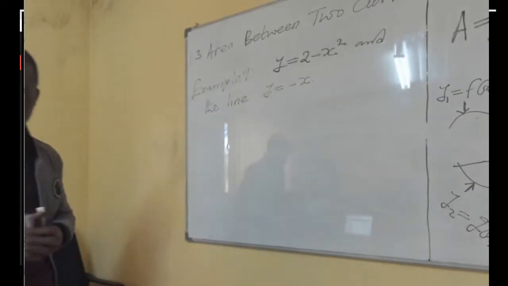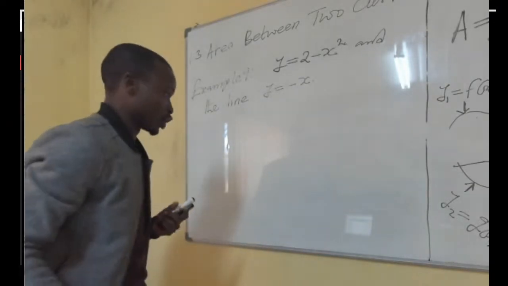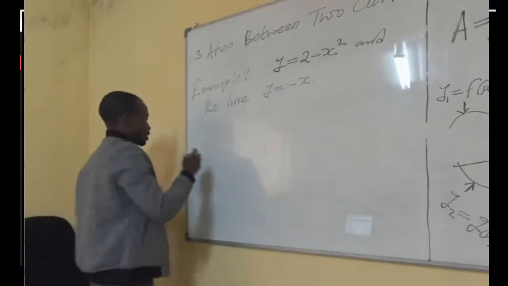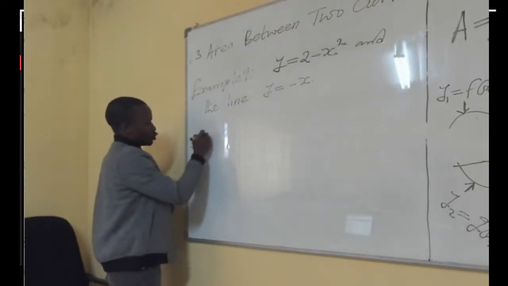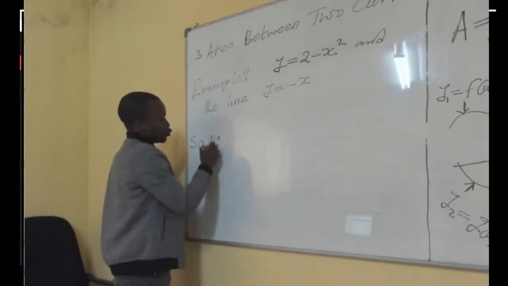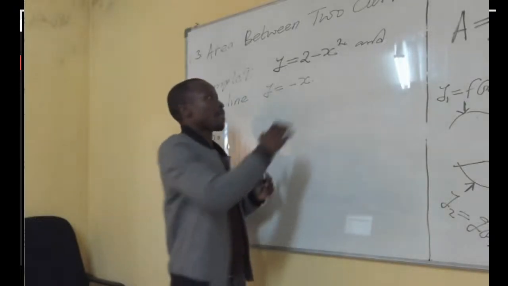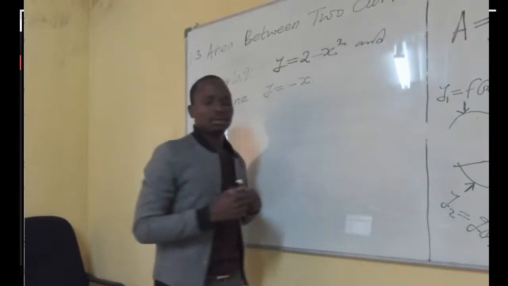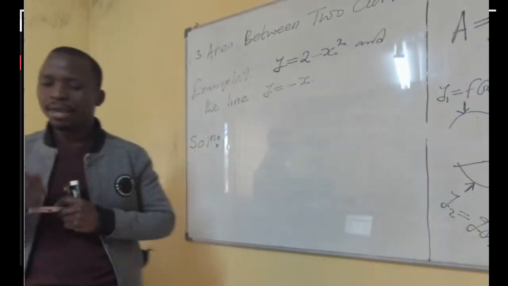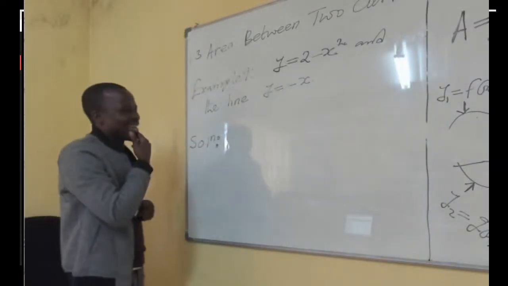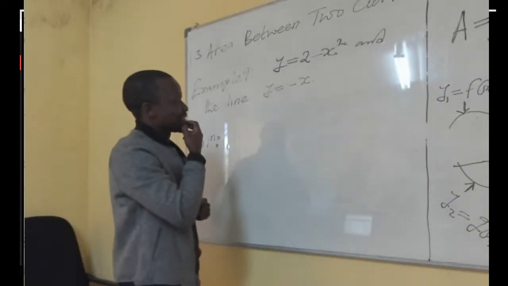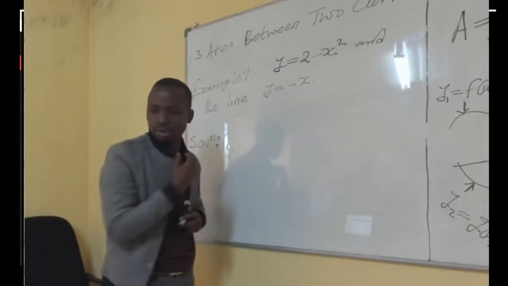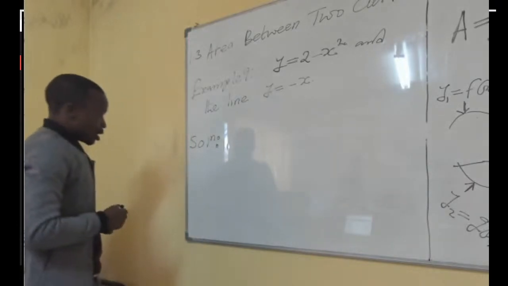They ask you to calculate the area enclosed by the parabola y equal to 2 minus x squared, and the line y equal to negative x.